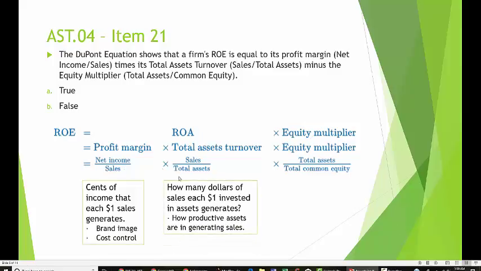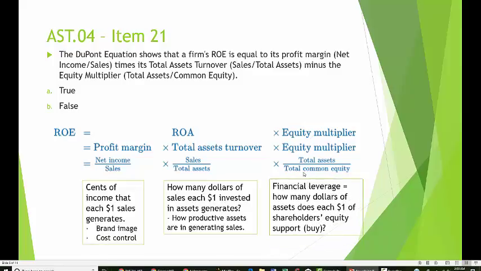For the assets, how many dollars of sales each dollar invested in assets generates. So the more dollars in sales each dollar of assets generates, the higher the productivity of the assets. And finally, for the equity multiplier, how many dollars of assets does each $1 of owner's equity support or buy?